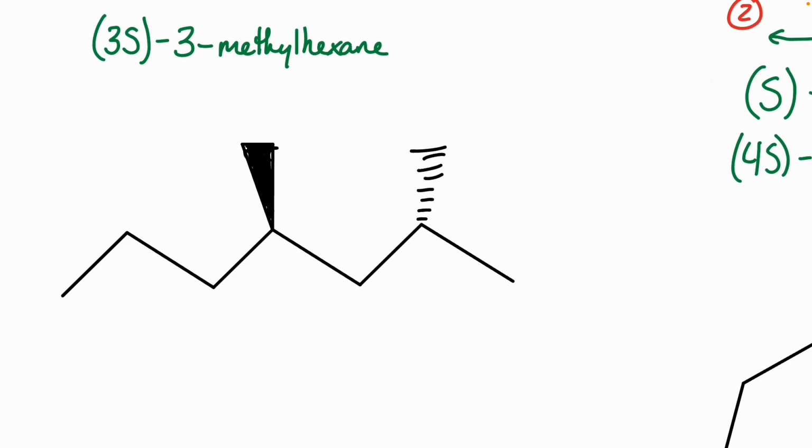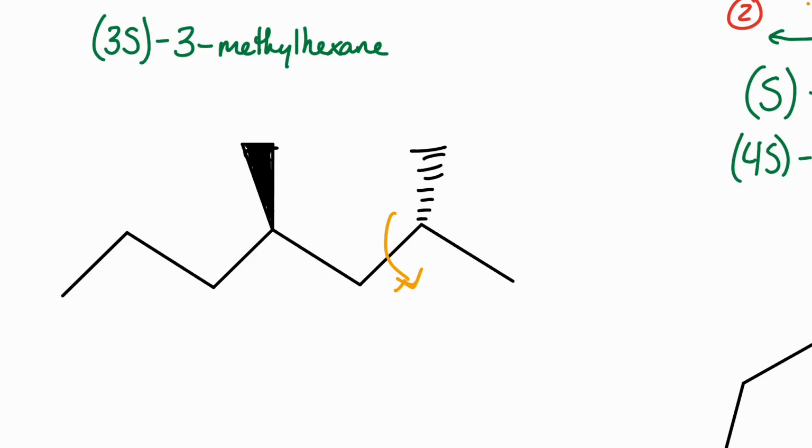So for this molecule, now I have 2 stereocenters. Or do I? No. All right, cool, right? So just because it's on a dash or a wedge doesn't mean it's a stereocenter. This one right here would not be because there are 2 methyl groups, okay? All that really means is that you can rotate about this single bond and you would get the opposite structure where it's on a wedge.